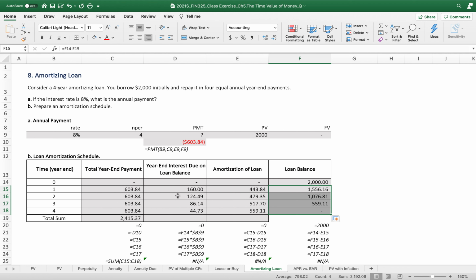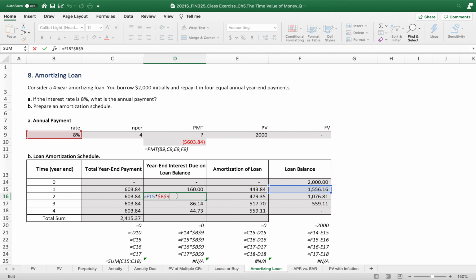Now, as you can see, the second year-end also is calculated: the remaining loan balance of the prior year's ending balance times the rate of 8%.